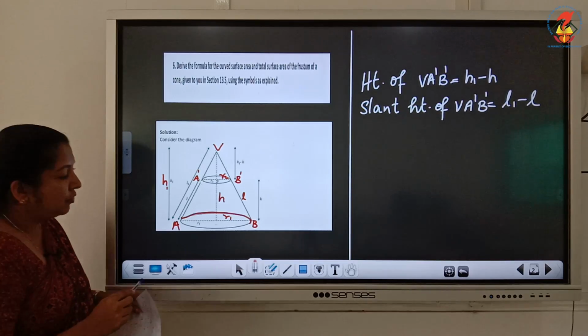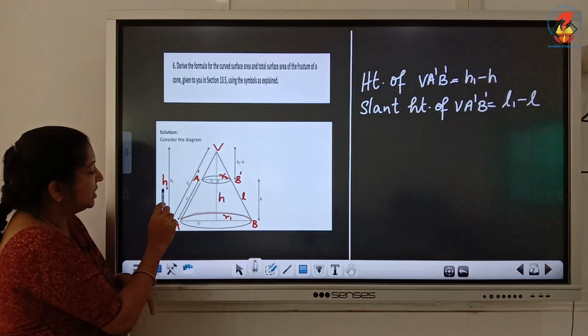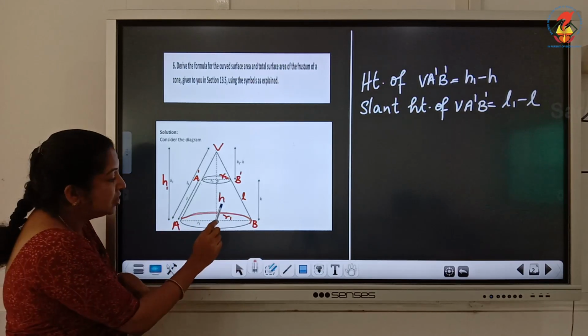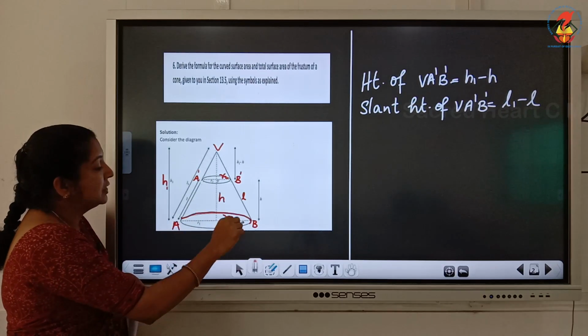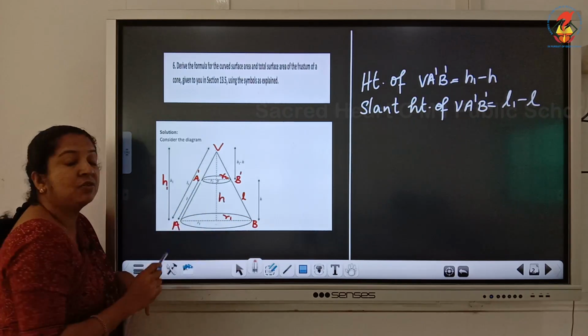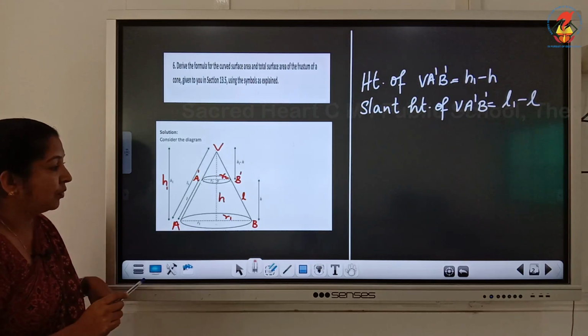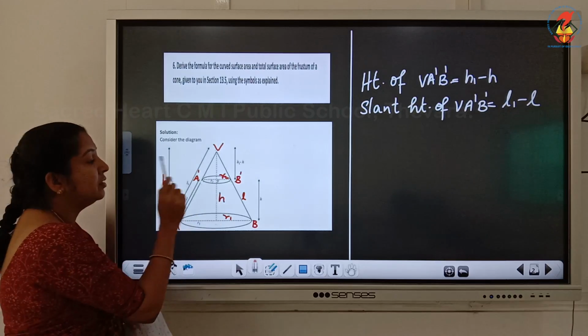What we have taken here is the height as H1 and the height of the frustum as H, and the total slant height we have taken as L1 and the slant height of the frustum as L, and the radius of the base is R1 and here it is R2.